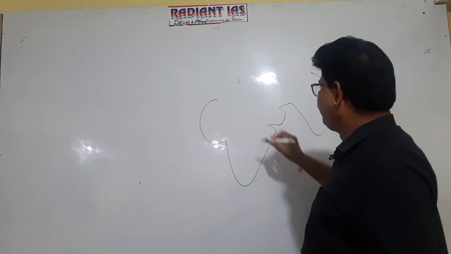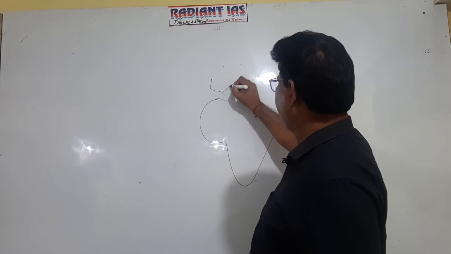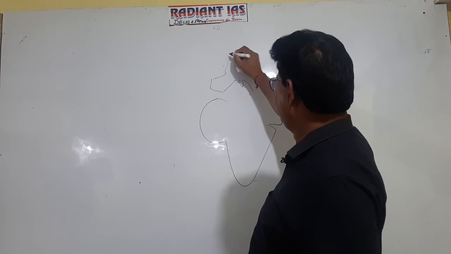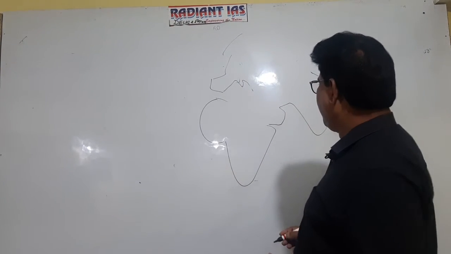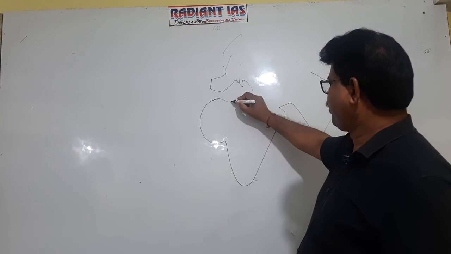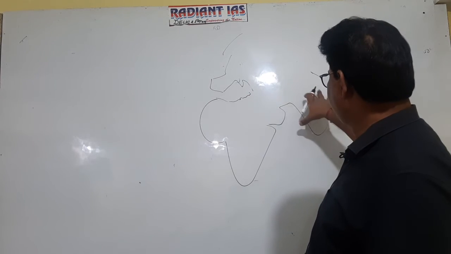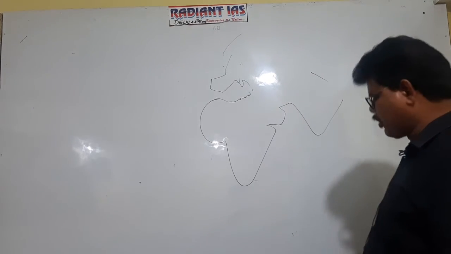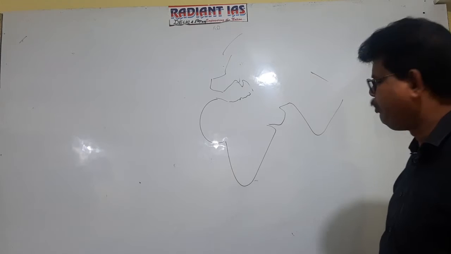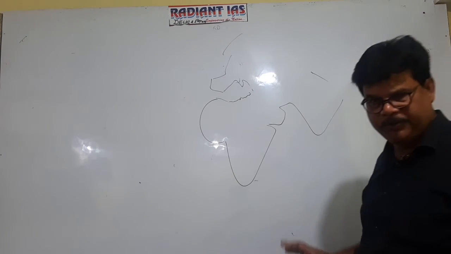This is the Mediterranean Sea zone, and this is the Indian subcontinent. So the southern part of India remains under the impact of the tropical cyclone.